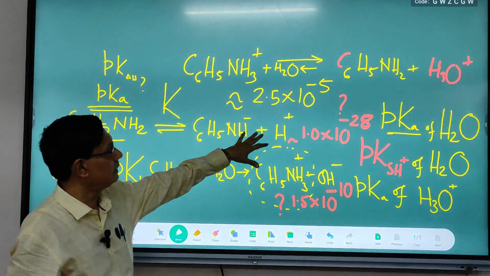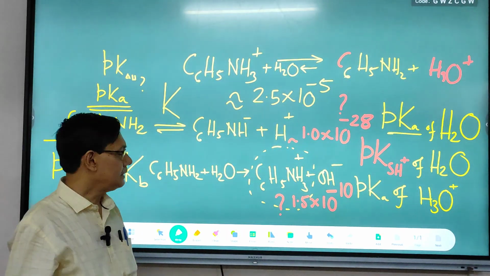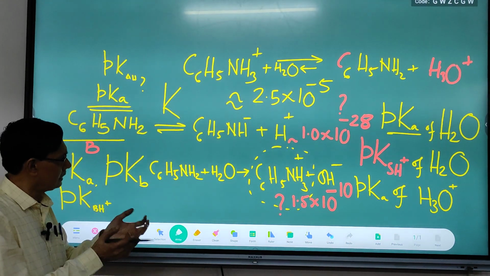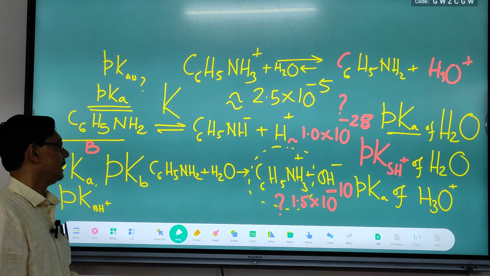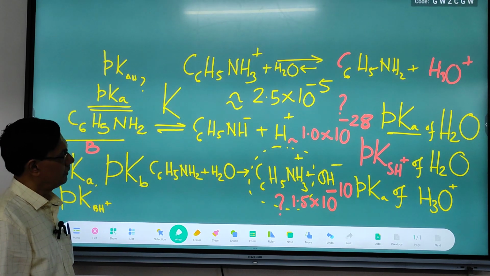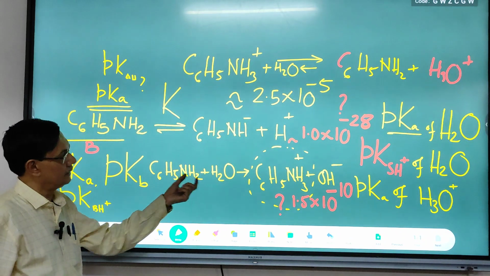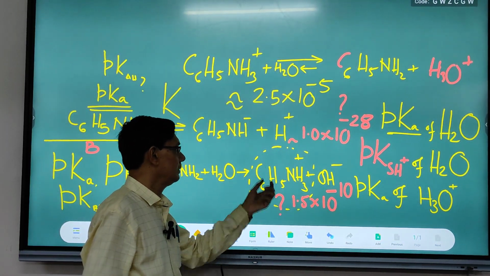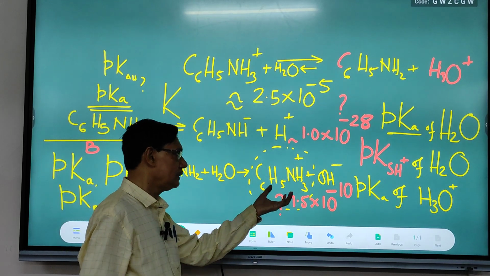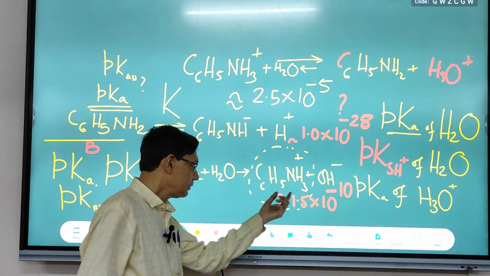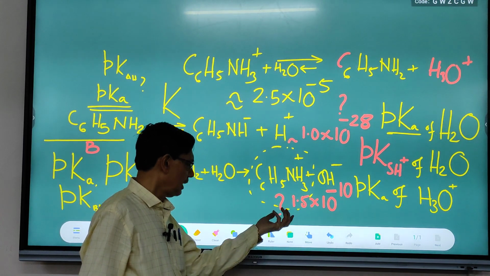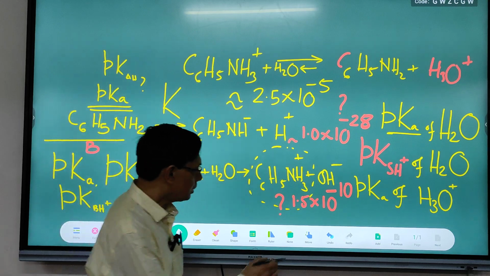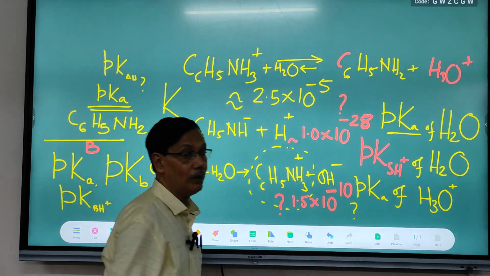I am not saying that this method is wrong. In the second case, because it is an amphoteric substance, it can accept a proton from here. So this type of conjugate species is possible, and you can also monitor this system. But again, the value is around 1.5 into 10 to the power minus 10, so it is also a very low value.